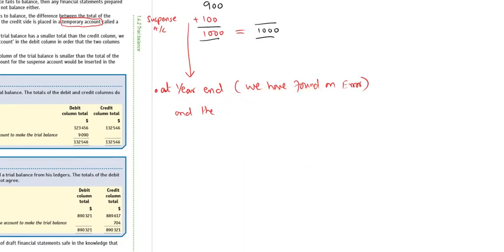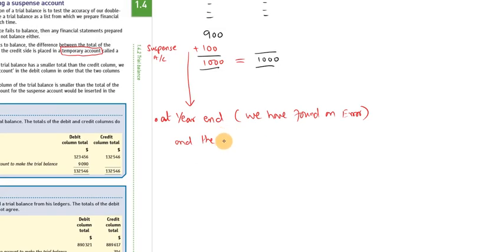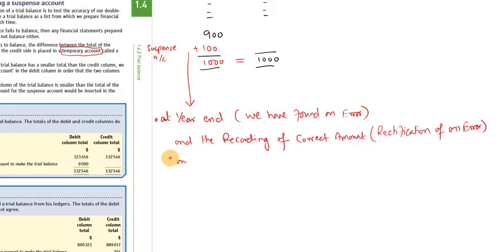When we have found an error and recorded the correct amount, that is the rectification of the error, then the suspense account will automatically be removed.